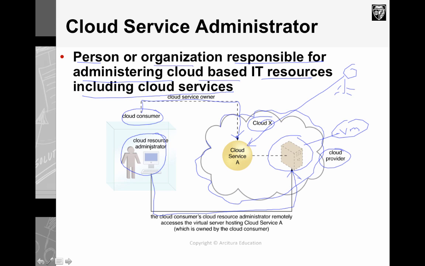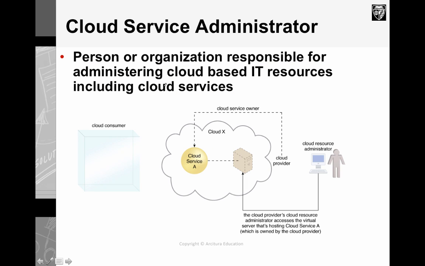The point I'm trying to make is you, as the cloud resource administrator, are responsible for administrating this cloud service. You can launch VMs on the fly, you can shut down VMs on the fly, you can launch services inside the VMs. All those things can be done by the cloud service administrator.